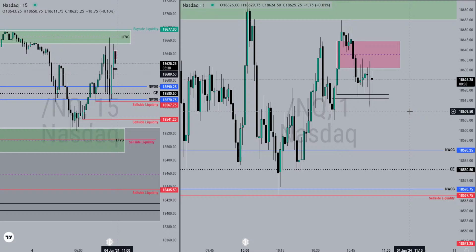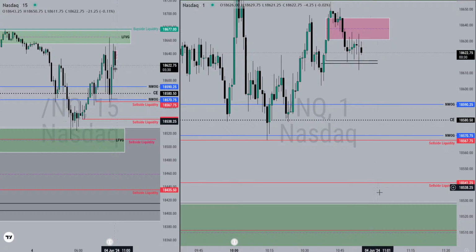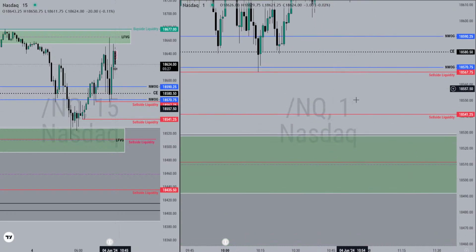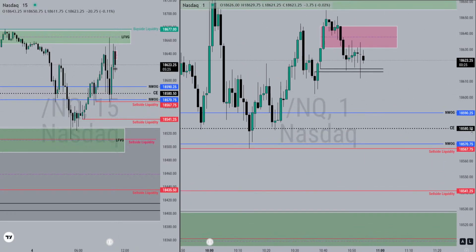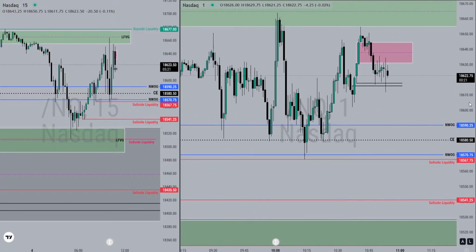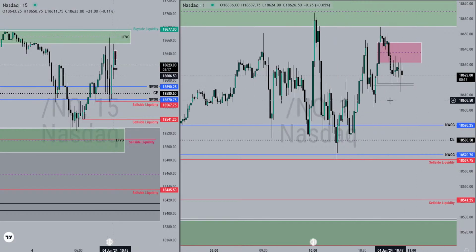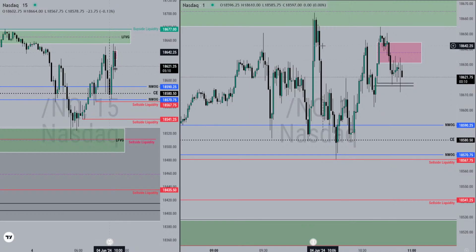Maybe it is waiting for the PM session, maybe lunch hour, maybe anything. But at the end of the day, I believe the market will fall. Right now it is consolidating. Let it consolidate a little bit. Keep waiting. Let's see.